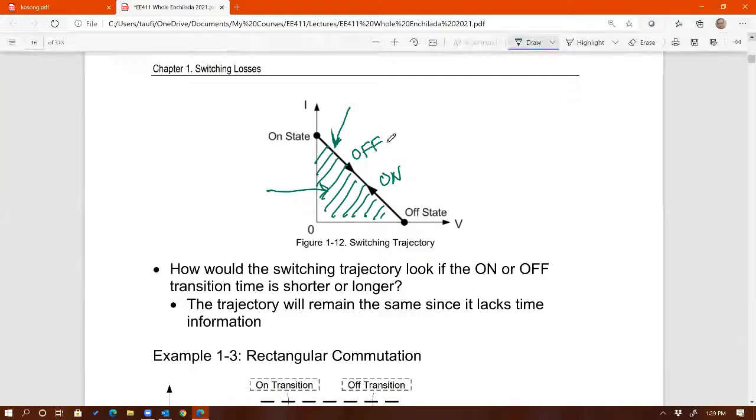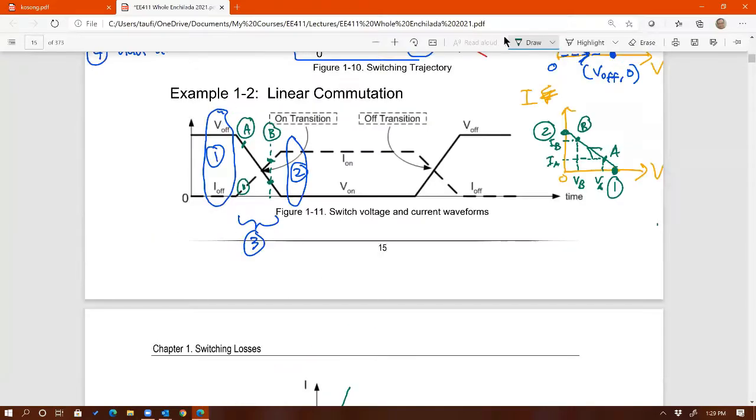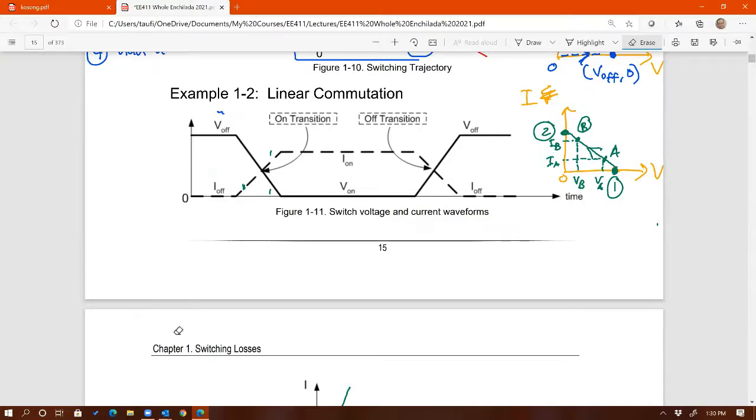Tell me what happens with this switching trajectory, right? Now you know how to draw this for this transition. What happens if I do this? And then we can adjourn after this. You have to know how long it's going to be in that state.